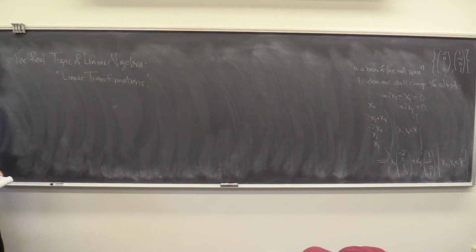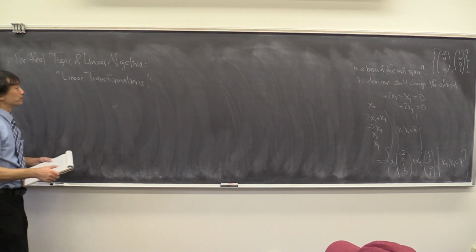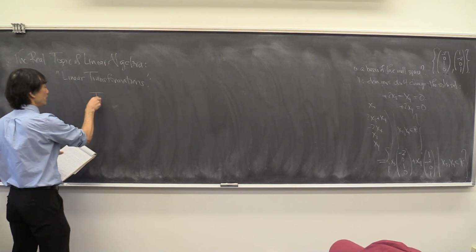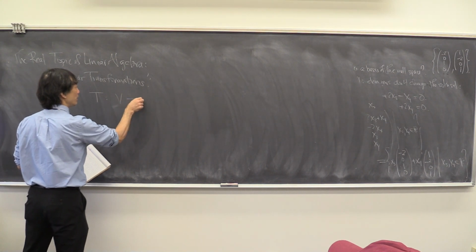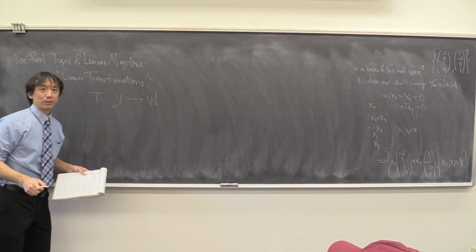And usually you write them as T for transformation. They're things that go from one vector space to another vector space.